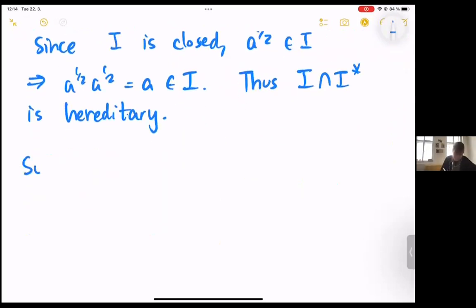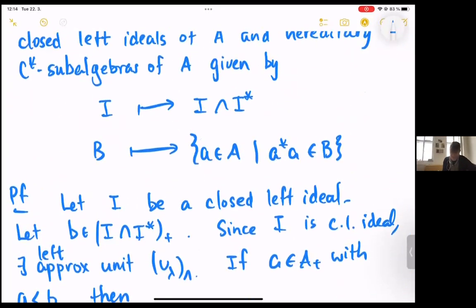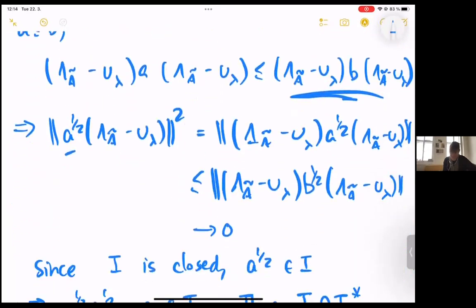Okay, so now suppose we have a hereditary subalgebra. And we'll put I to be this set here.